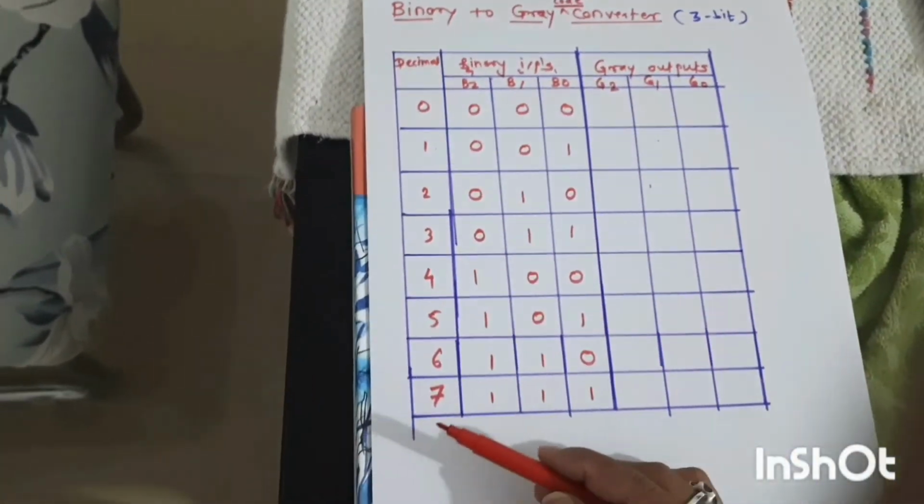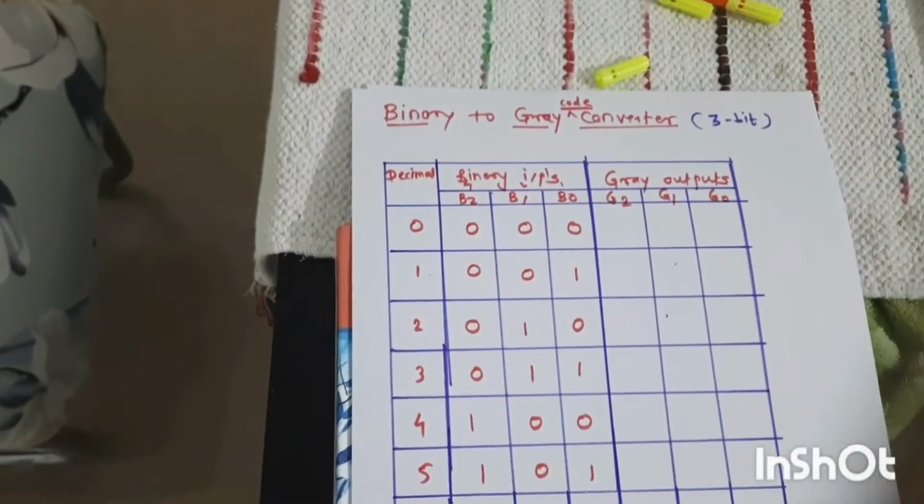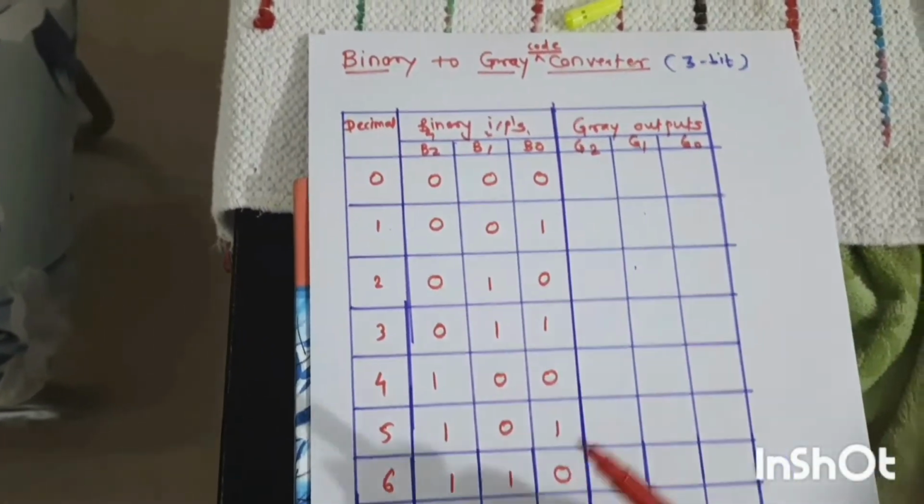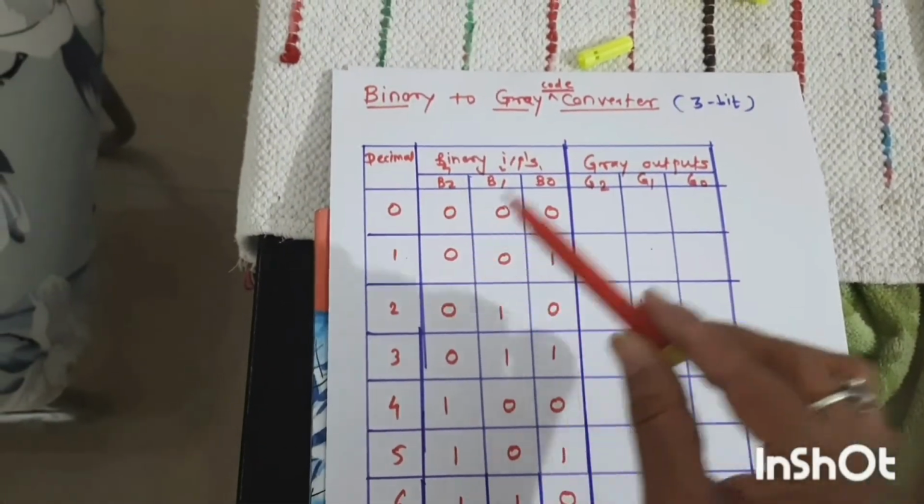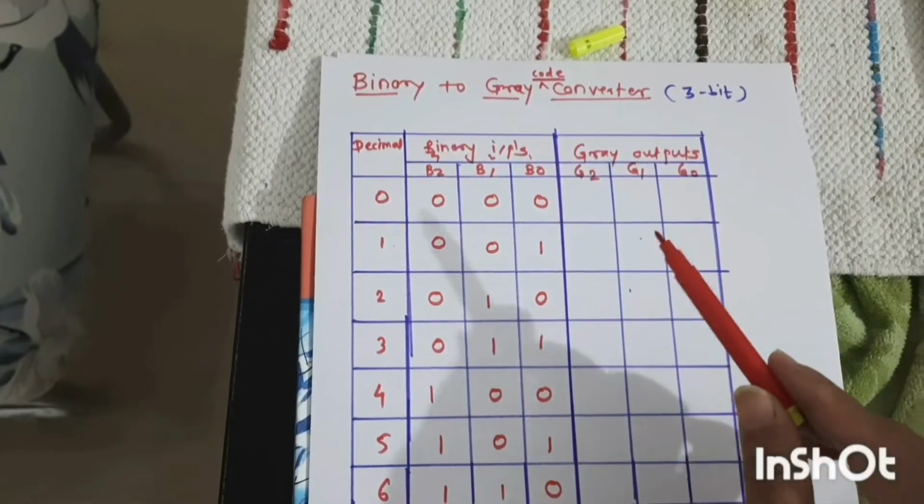So this is the binary number for 0 to 7. We already know how to write the binary numbers. Okay, so now we have to convert this binary number into the gray code.